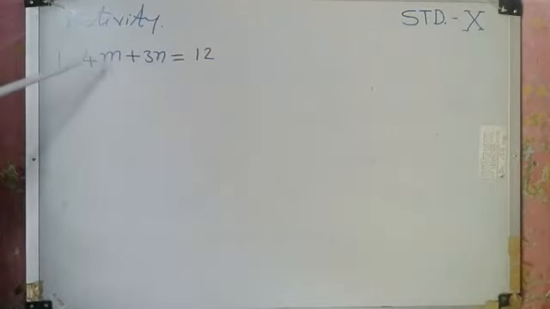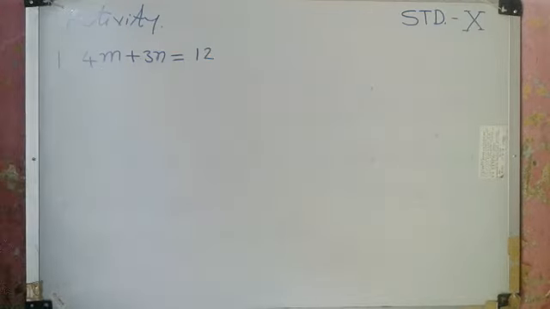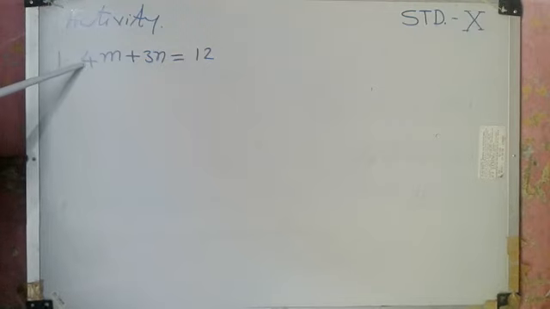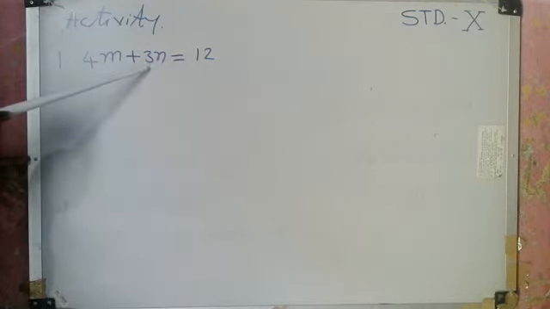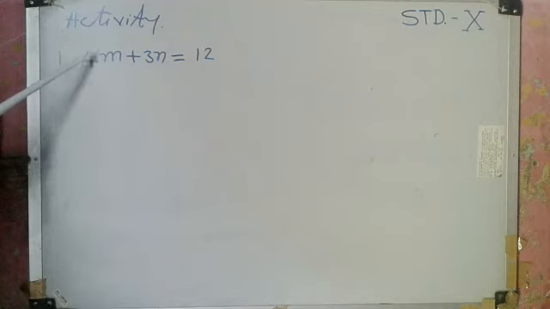This is given equation. 4m plus 3n is equal to 12. Now if you compare this equation to the general form, then here we get a is equal to 4, b is equal to 3 and c is equal to 12. These are real numbers.